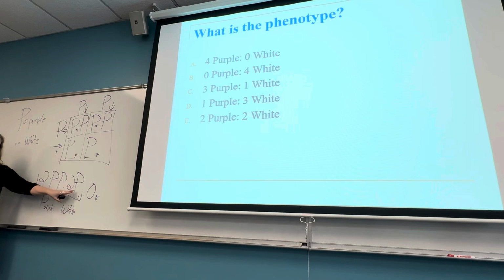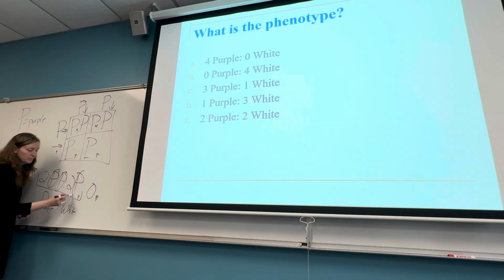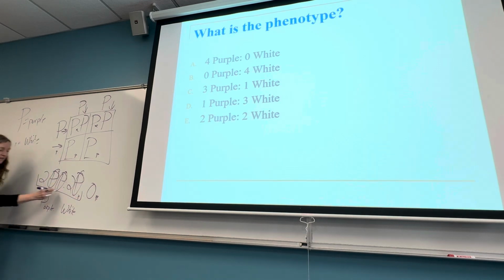So when we're talking about complete dominance, the homozygous dominant and the heterozygous, as long as you have at least one capital P, you are going to look purple. And having two capital P's is not going to be more purple than a heterozygous. They are both going to show purple. It doesn't matter if you have two capital P's or just one, you are still going to look the same kind of purple.